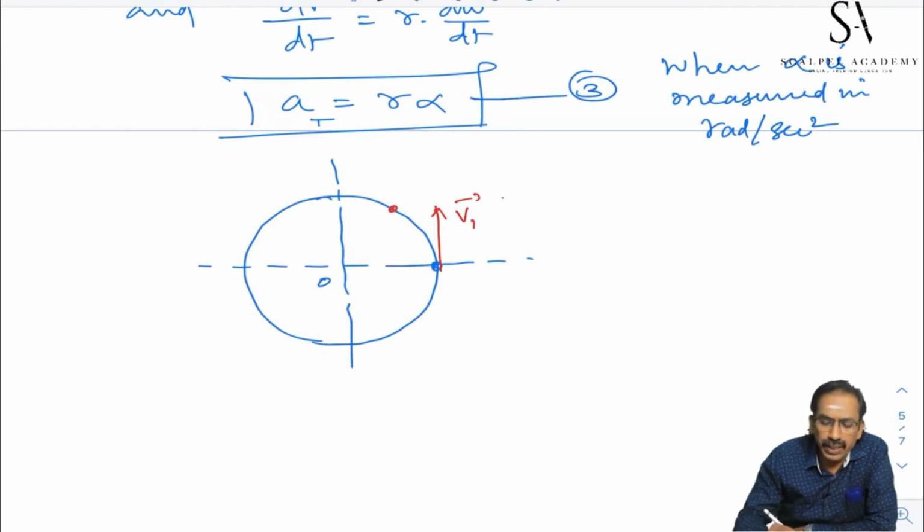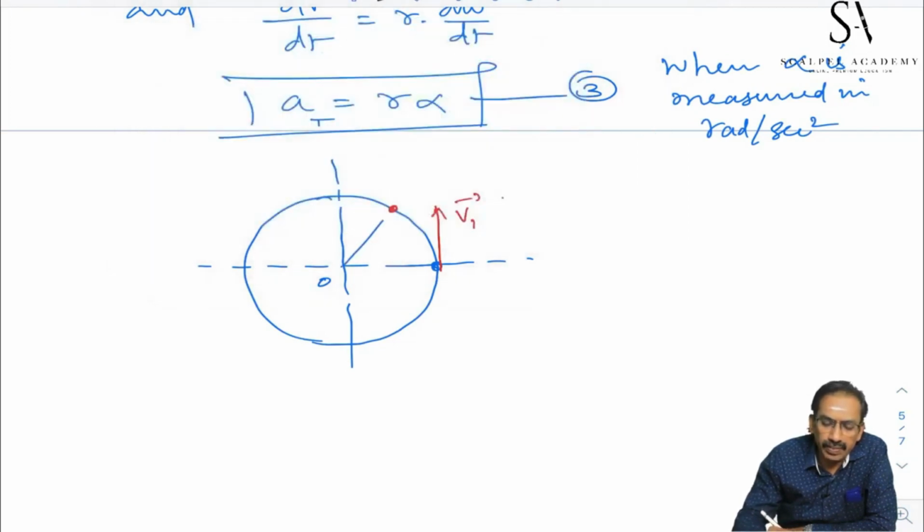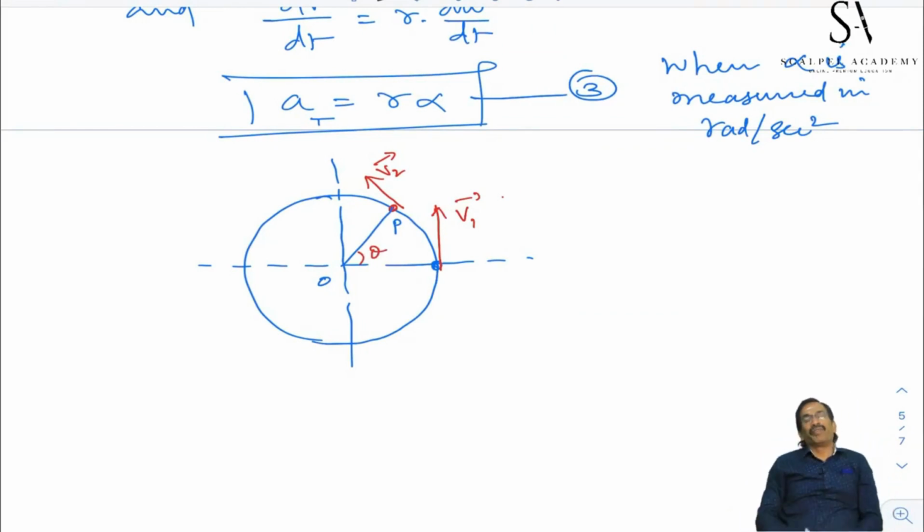The final position is P. This is the radius vector. The tangential velocity in this direction is v2 vector. This radius vector sweeps out through an angle theta. Therefore, the velocity vector also changes by an angle theta.